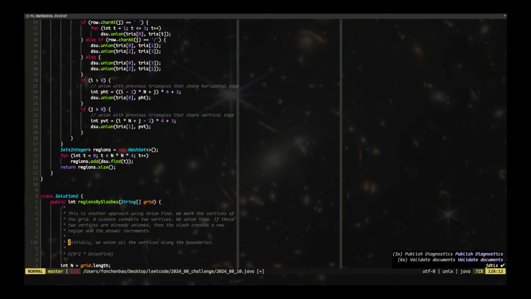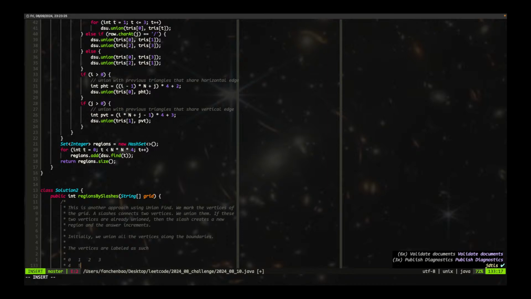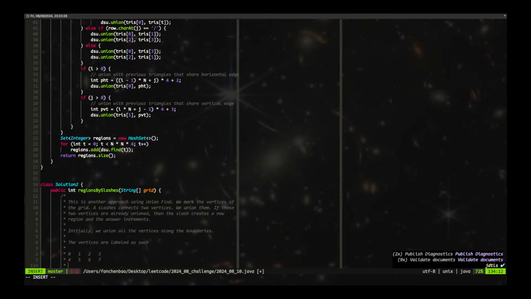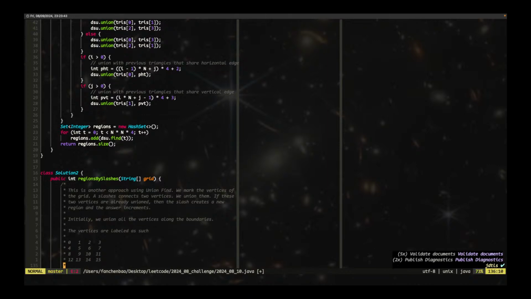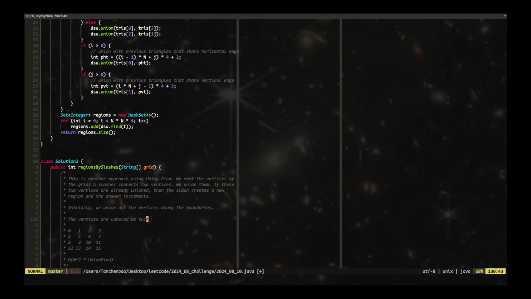Okay, so for this one the vertices are labeled as such: 0, 1, 2, 3, 4, 5, 6, 7, 8, 9, 10, 11, 12, 13, 14, 15, for a 3 by 3 grid.